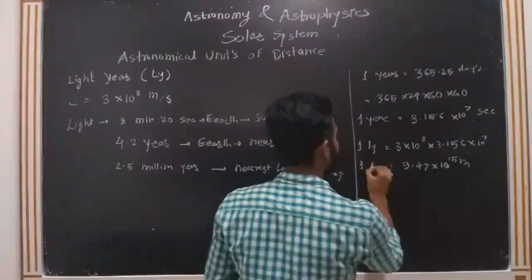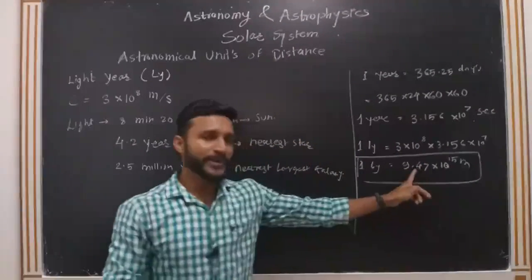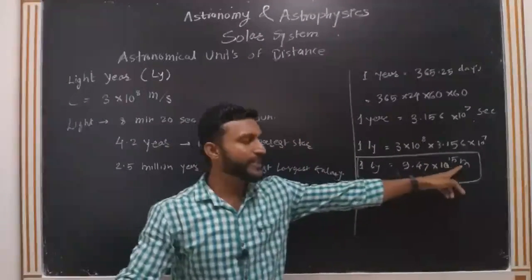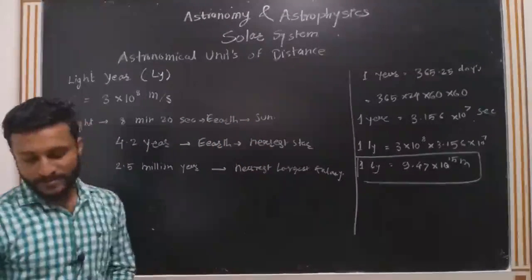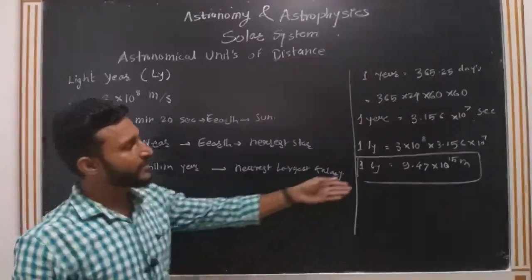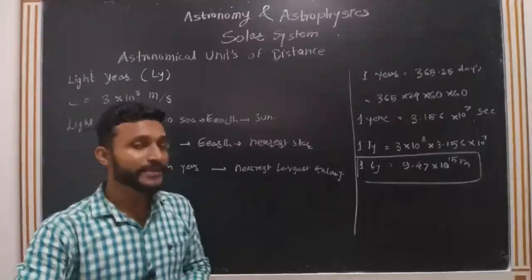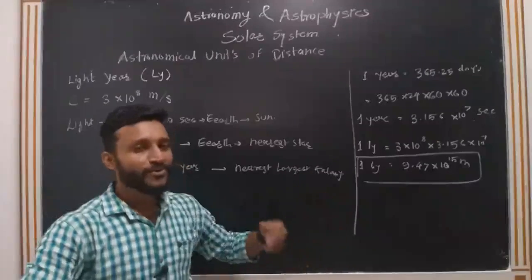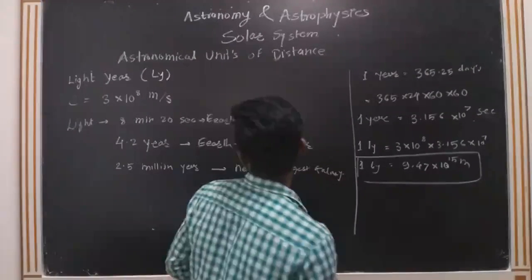So 1 light year is equal to 9.47 into 10 raised to 15 meter. I hope you can calculate 1 light second, 1 light minute, 1 light hour, 1 light day, and so on. Just calculate at home.